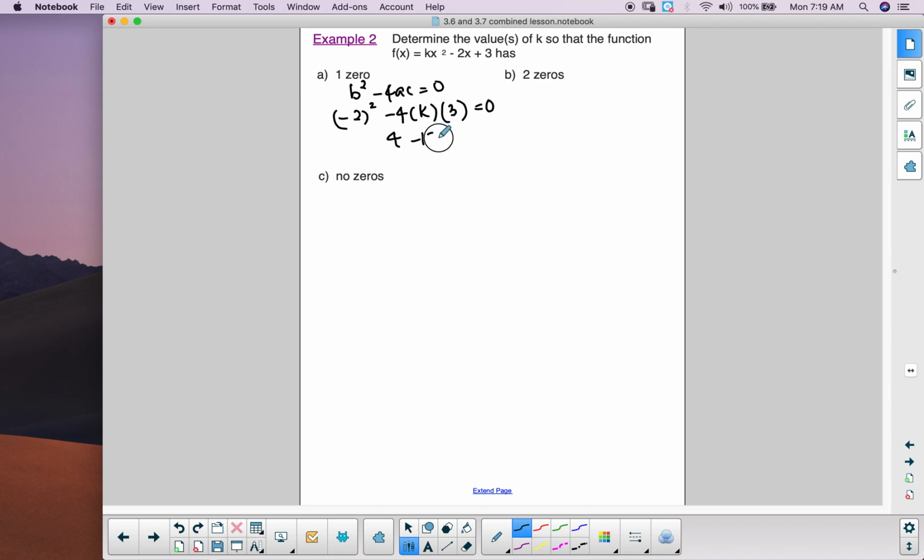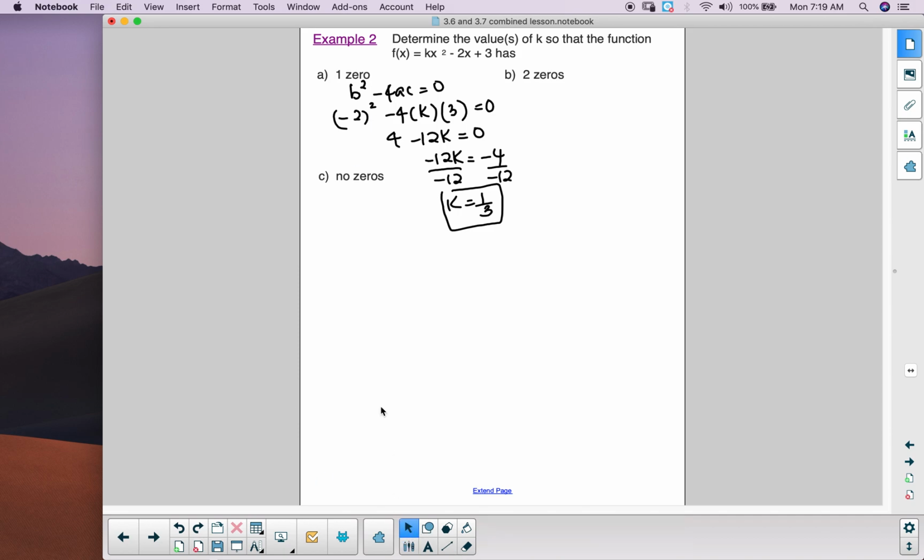So 4 minus 12k equals 0. Negative 12k equals negative 4. Divide both sides by negative 12, and you get k equals 1/3. So that's the value of k for which you get one zero in part A.